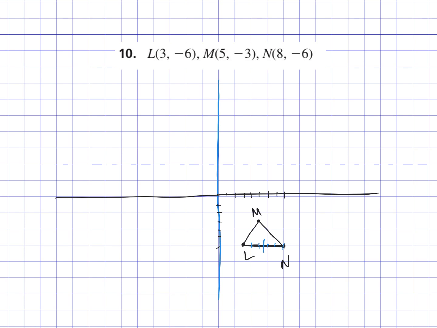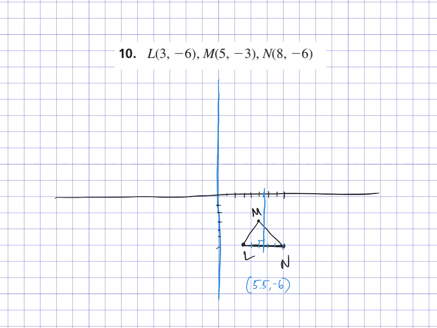So that is at 5.5. 5.5 is the X, and all the way down to negative 6. Okay, so that's the midpoint there. And if I just draw that straight up, that is the perpendicular bisector.